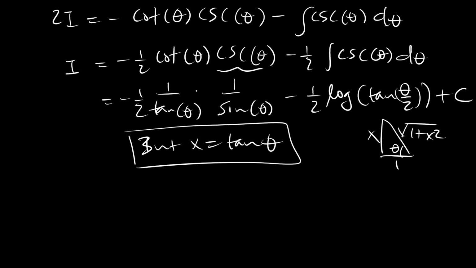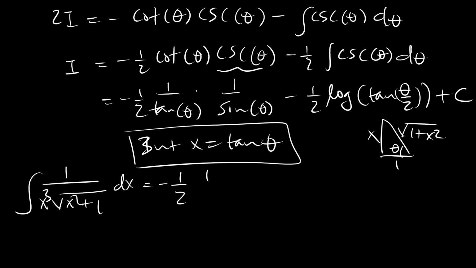And so our original problem, which is 1 over x cubed square root of x squared plus 1, is equal to negative 1 over x.